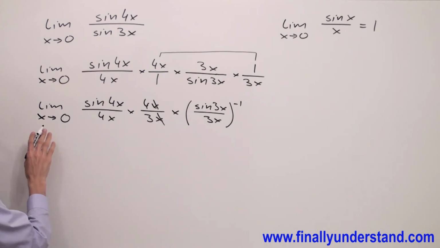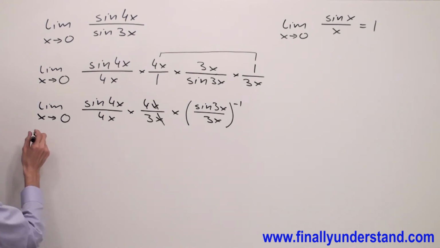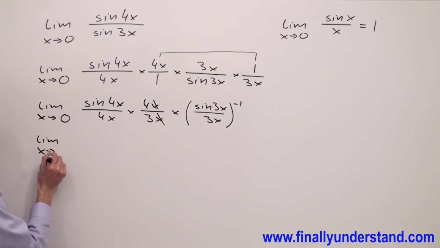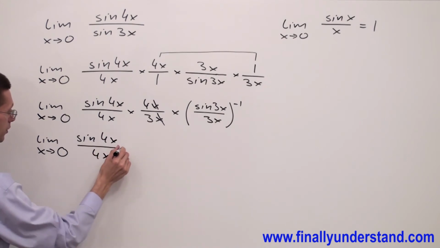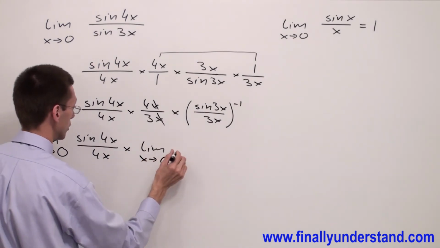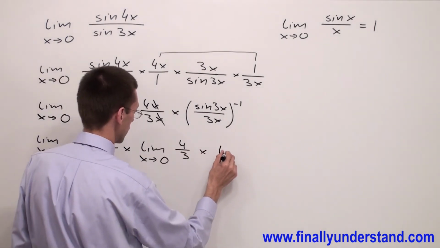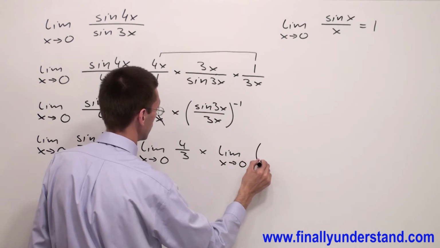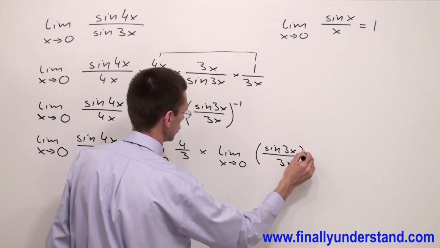So let's take a look at what we are going to have. Now we have limit of the products. We can rewrite this as the product of the limits, and simply write limit x approaching 0 of sine 4x over 4x times limit x approaching 0 of 4 over 3 times limit x approaching 0 of sine 3x over 3x to negative 1.